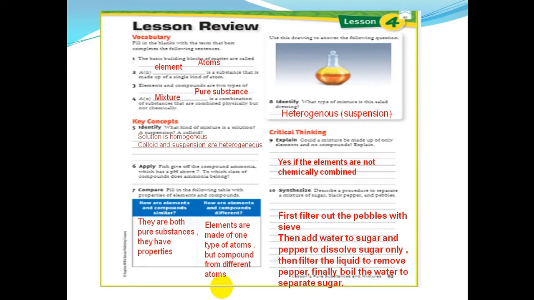Filter the liquid to remove the pepper. When you use the filter paper, the pepper will stay on the top, on the filter paper, but what will go through the paper? The sugar and the liquid water. Finally, boil the water to separate the sugar. We will make evaporation, and in this way, the sugar will stay on the bottom and the water will evaporate.